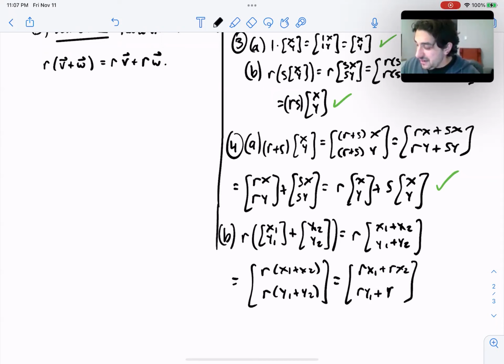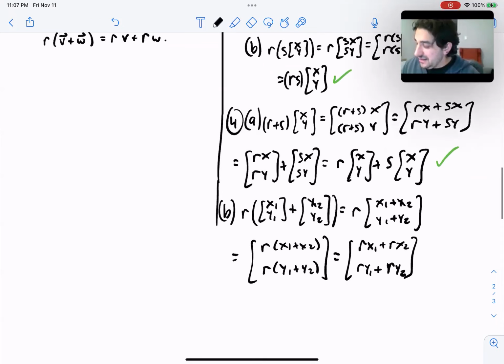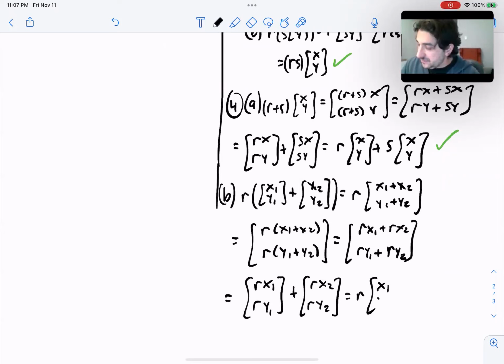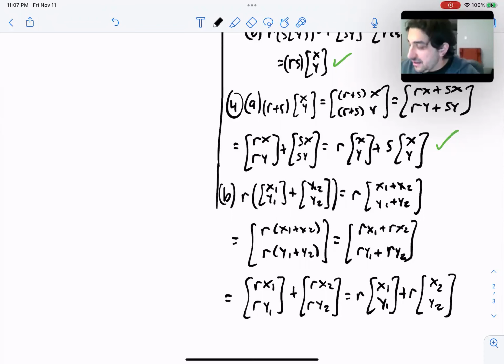And after I do that, I can take that back apart as a sum of vectors. And when I do that, I have proven that r times the sum of vectors equals r times the first vector plus r times the second vector, which is the other distributive law.